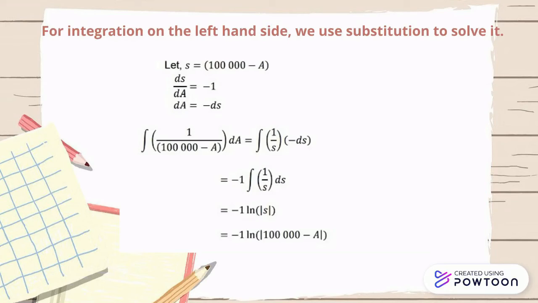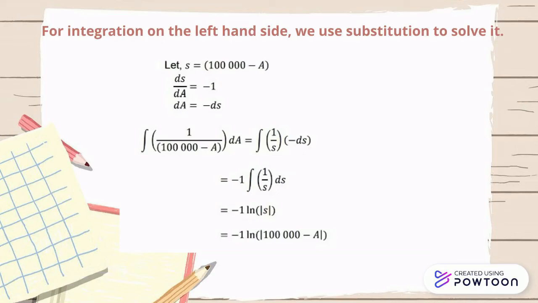Next, we substitute negative ds into the equation, and we will get the integration of 1 divided by s times negative ds. We can bring negative 1 out, and then we solve the integration of 1 divided by s ds, and then we will get negative 1 ln s.